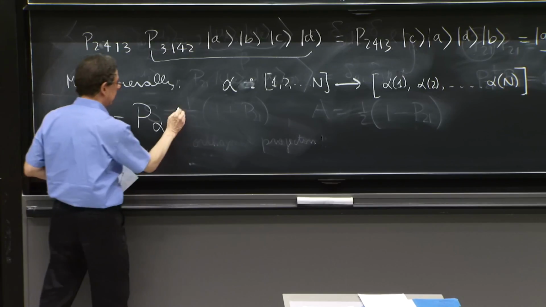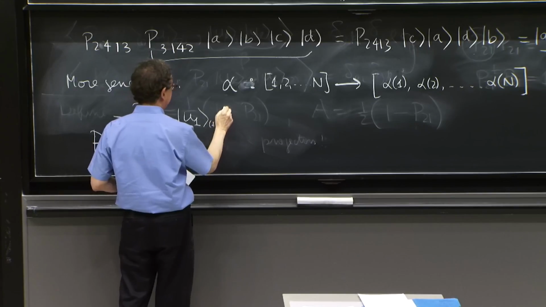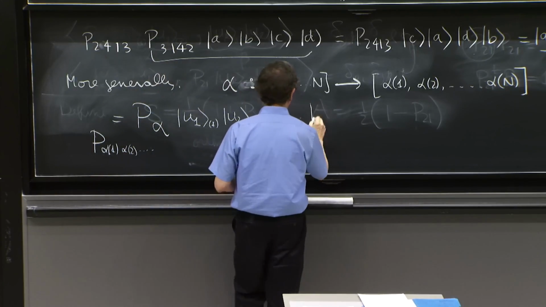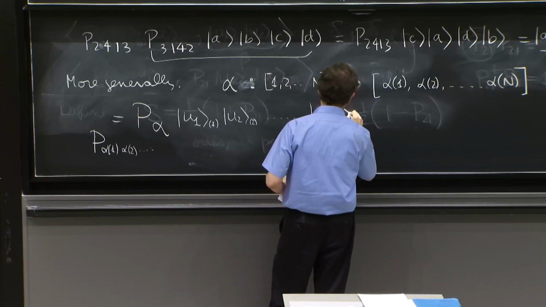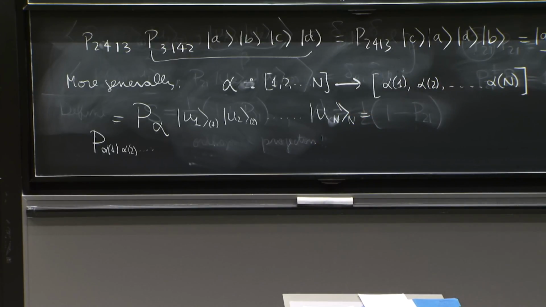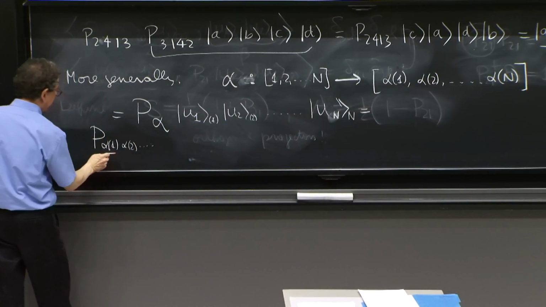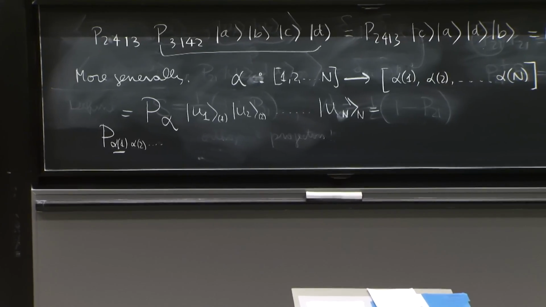If those act on U1, 1, U2, 2, up to UN, capital N, N, what does it give you? Well, it says here that you should put the one that has alpha 1 on the first position.